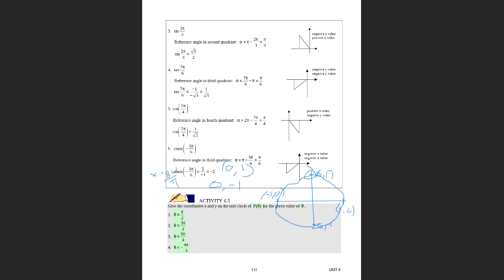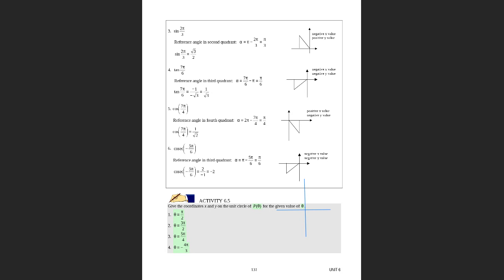It's going to be in the third quadrant, here. Let me draw it again.